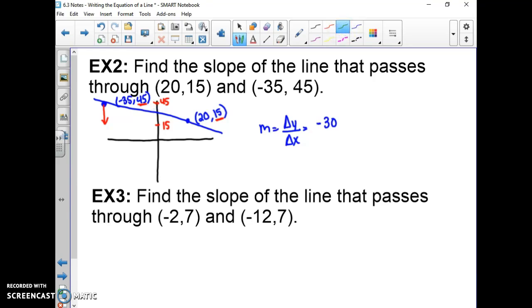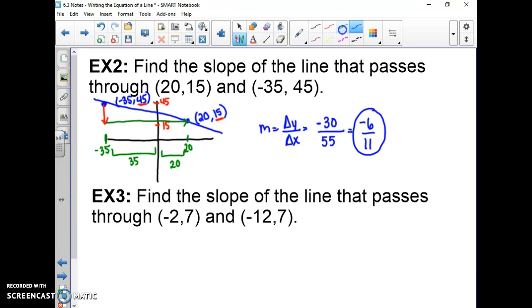Then we would have to go to the right, a pretty far distance. We're going from negative 35 to positive 20. This distance is 35 units, and this distance is 20 units. Put all together, it would be 55. So our slope is negative 30 over 55. That will reduce. We can divide both of those by 5, which gives us negative 6 over 11 for our slope for that line.